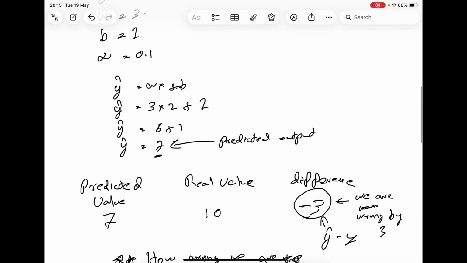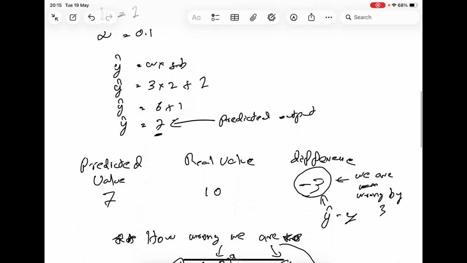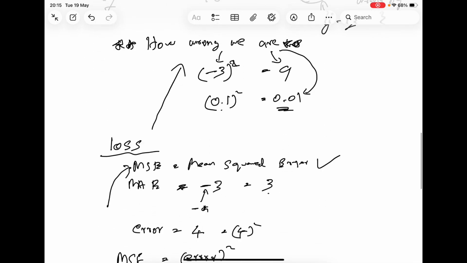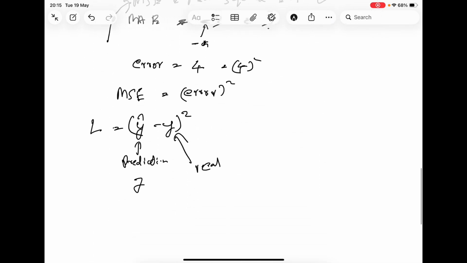In our previous example, the predicted output was 7 and the real number was 10, right? So we got minus 3, and we squared it. So we got 9. This is our loss function, and this is the result we got, right?